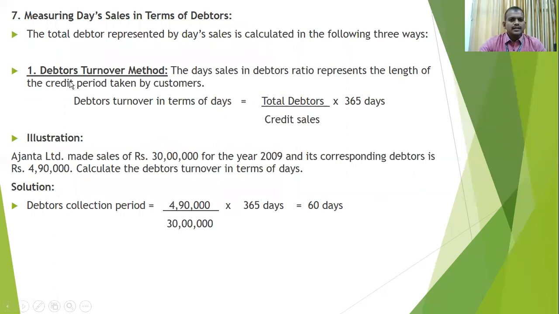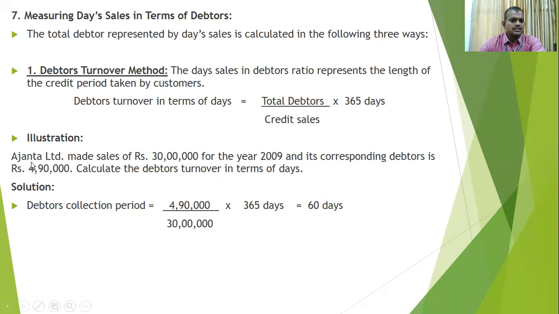Next one, measuring days sales in terms of debtors. The total debtors represented by days sales is calculated in the following 3 ways. First one, debtors turnover method. The days sales in debtors ratio represents the length of the credit period taken by the customer.